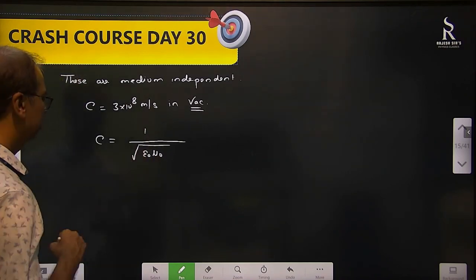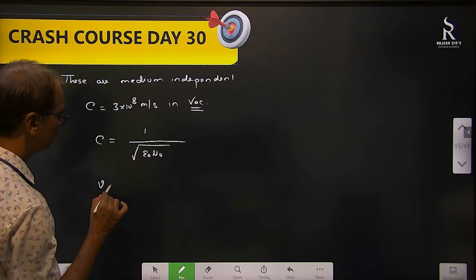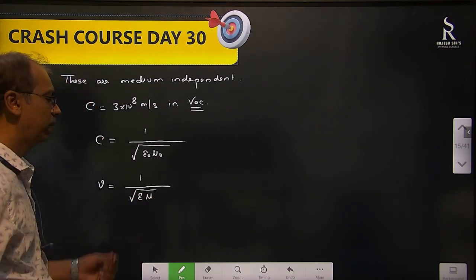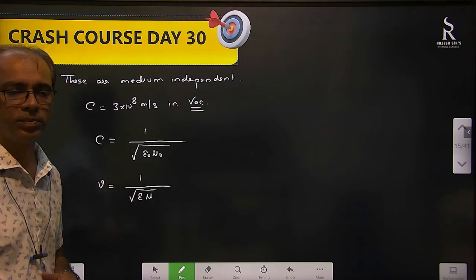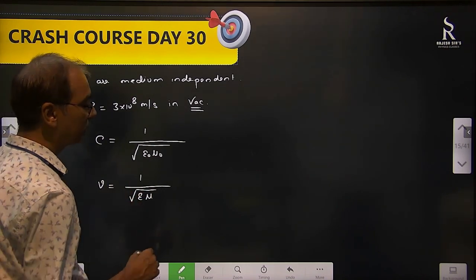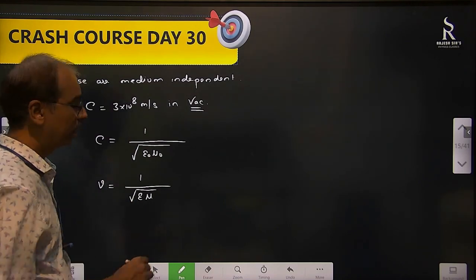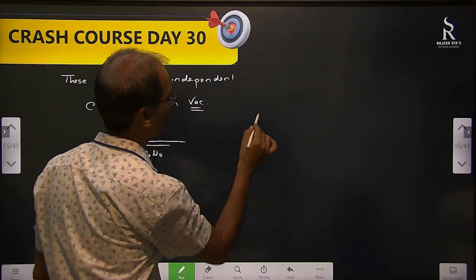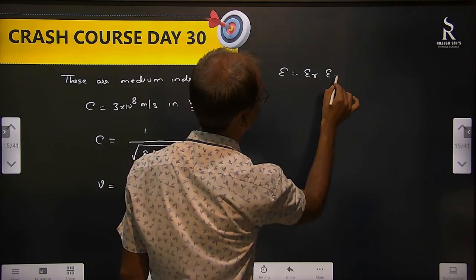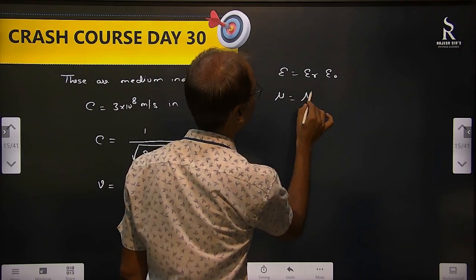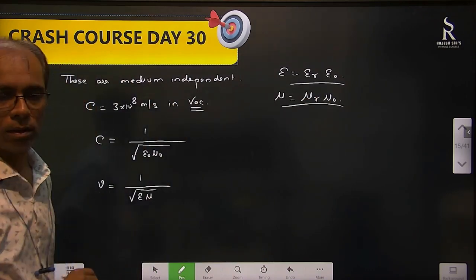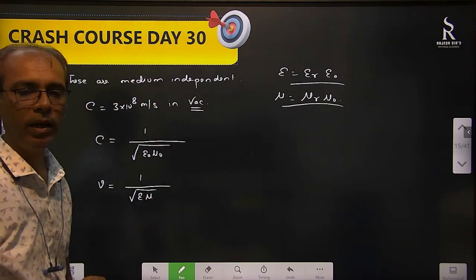In any other medium, let's say the speed is v, it will become 1 by root over epsilon mu, with the permittivity and permeability of the medium. We can write epsilon as epsilon r into epsilon naught, and in the same way mu as mu r into mu naught, the relative permittivity and relative permeability.